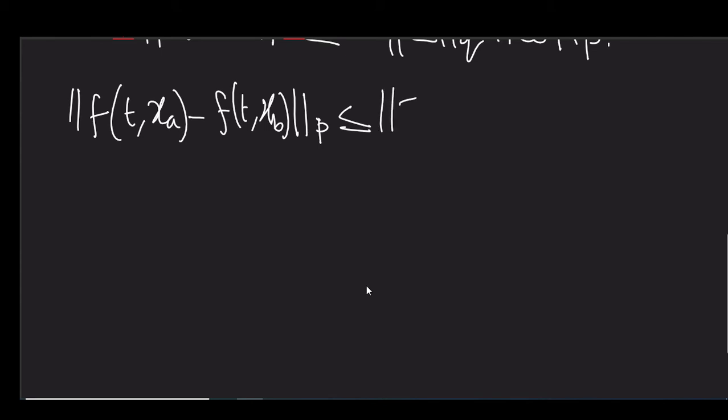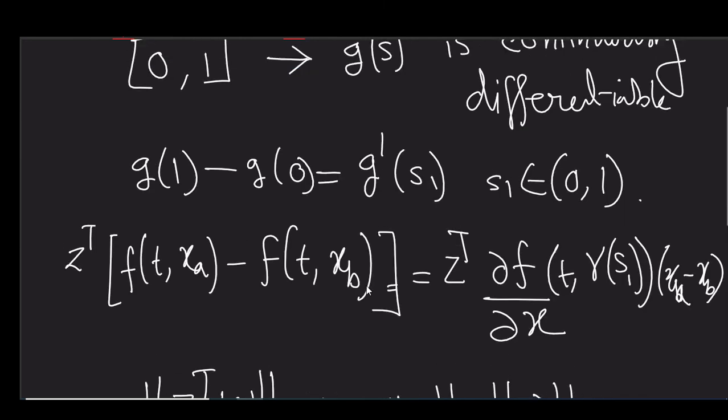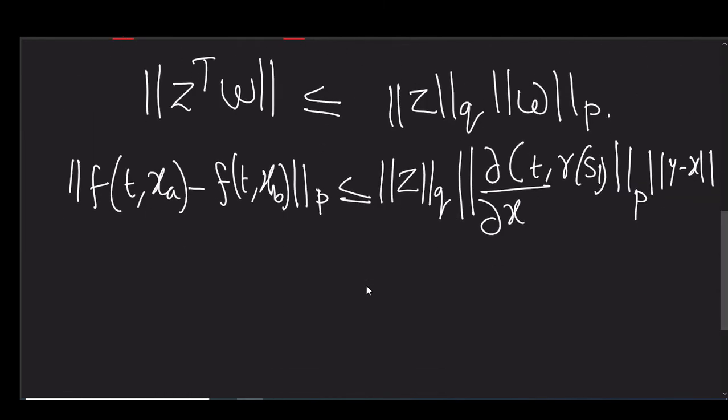Now this will give us less than or equal to mod zq, mod del x, t comma gamma, s1, y minus xp.